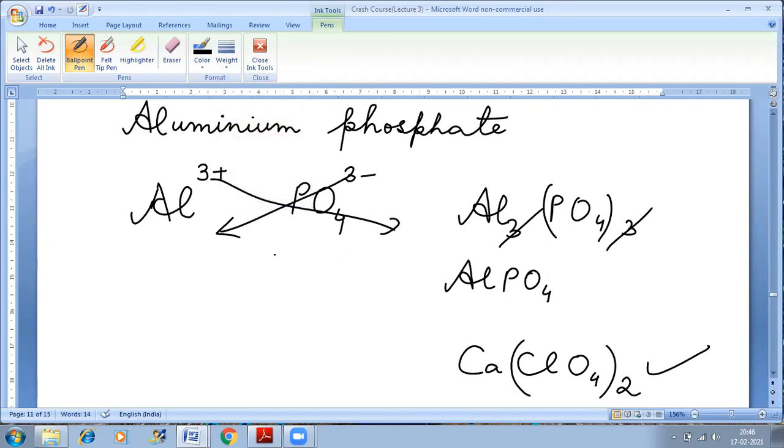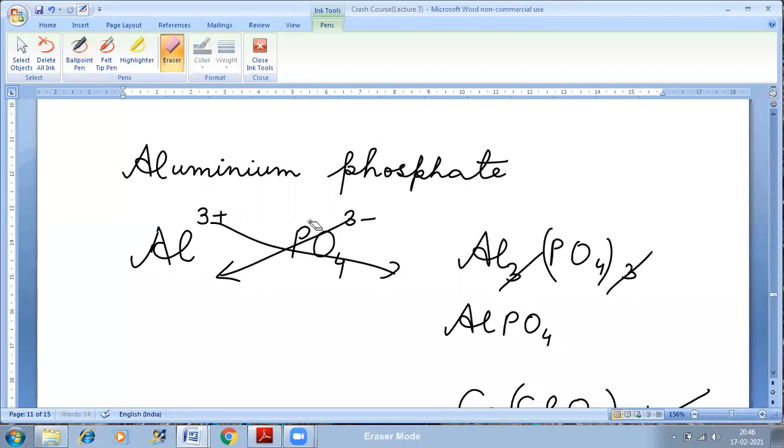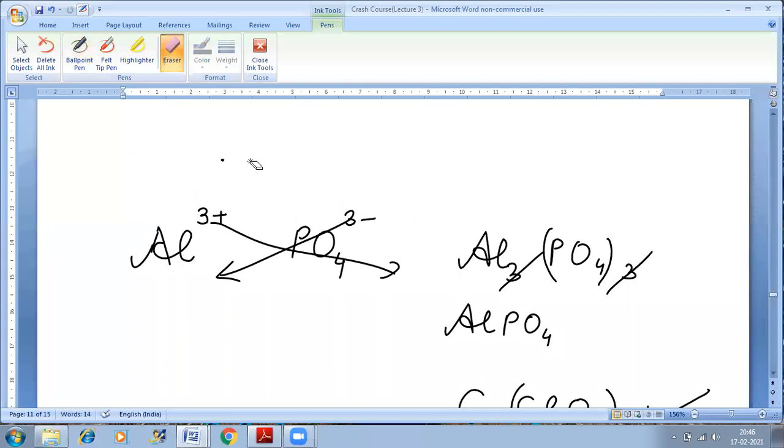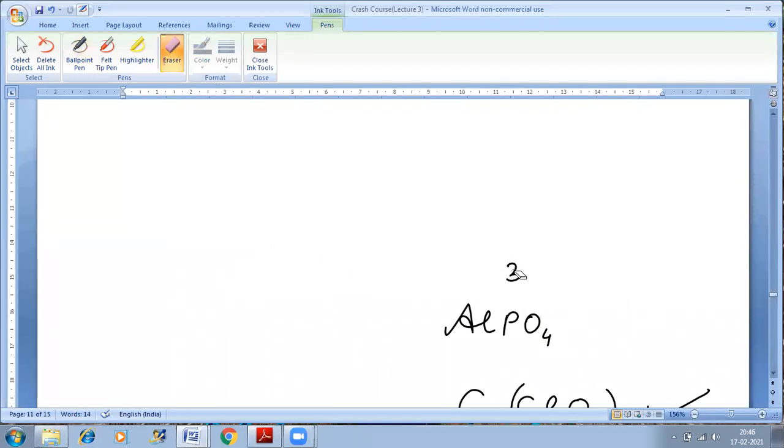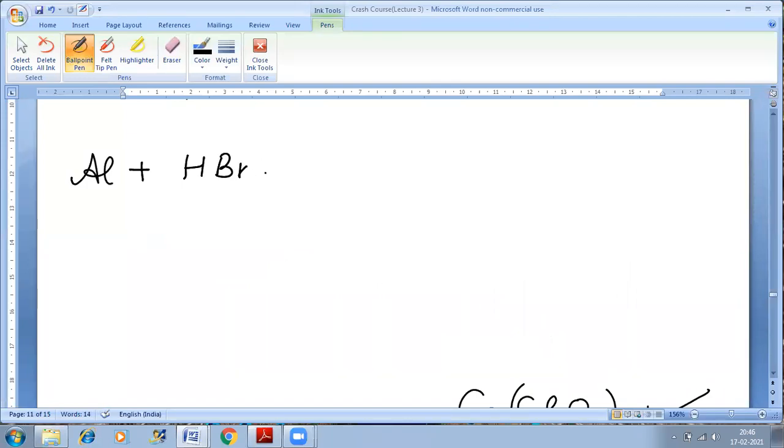Okay. So let's try to write down the formula of a salt which is produced after a reaction. Let's say I have this reaction: aluminium reacting with HBrO4. This is a metal.